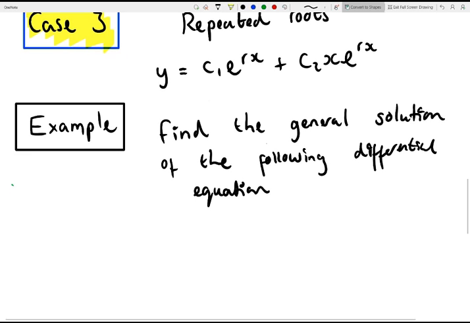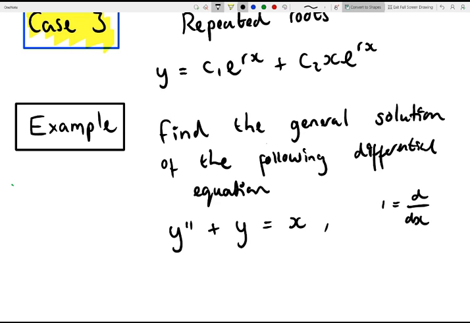And the differential equation is y double dash plus y equals x, okay, where dash here is d by dx.